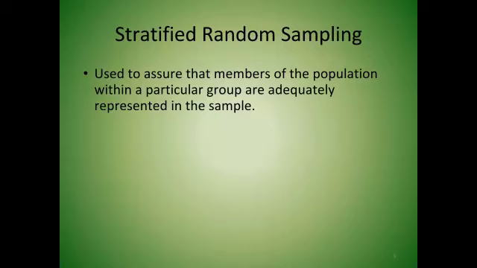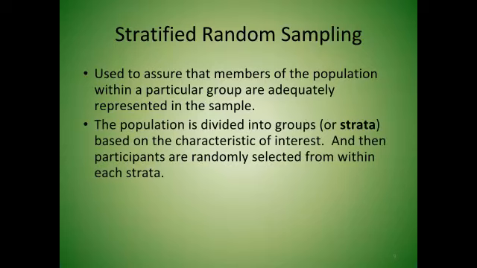Stratified random sampling is used to assure that members of the population within particular subgroups of interest are adequately represented in the sample. So with this sampling method, the population is divided into groups or subgroups called strata based on some characteristic of interest that's identified by the researchers.